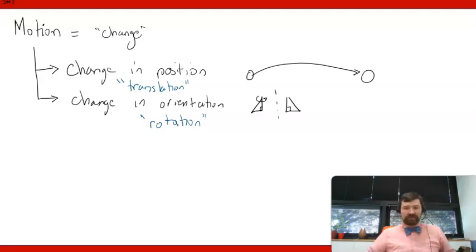I could also talk about how I went about moving it, and whether it is bent or straight or crooked as it moves. Those are descriptions of what happens during the motion, but they're not really descriptions of the motion itself. Some of those things, in fact, we will talk about in future sessions of physics. How do I go about moving this or controlling its motion might, for example, be discussed in force and torque. But here we just want a description of the motion itself.